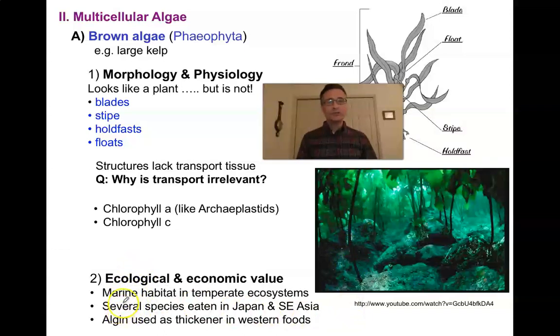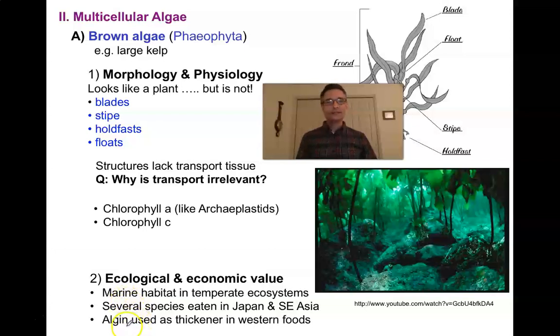A quick note about some economic value. A number of cultures, particularly in Japan and Southeast Asia, rely heavily on brown algal species for food sources. Laminarias in particular are great food sources, very nutritious.